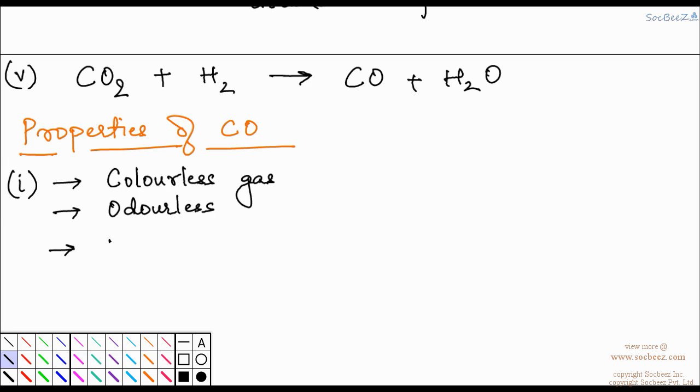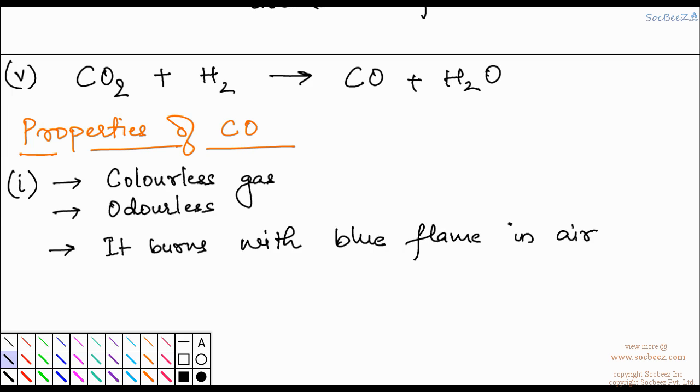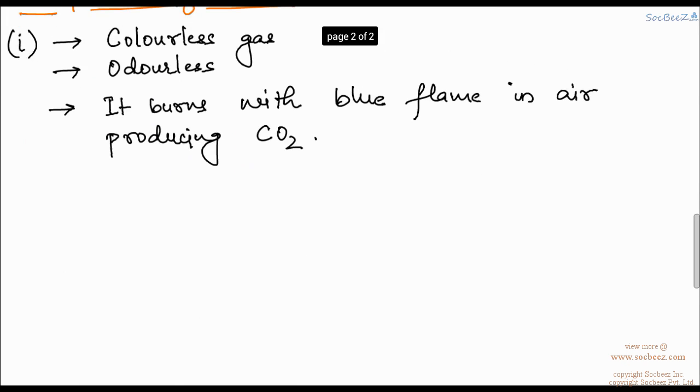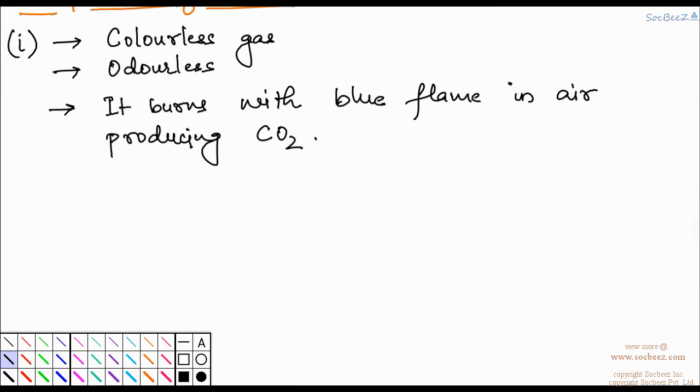It burns with a blue flame in air, producing carbon dioxide. So carbon monoxide is oxidized or burnt in air, and it burns with a blue flame and produces carbon dioxide.